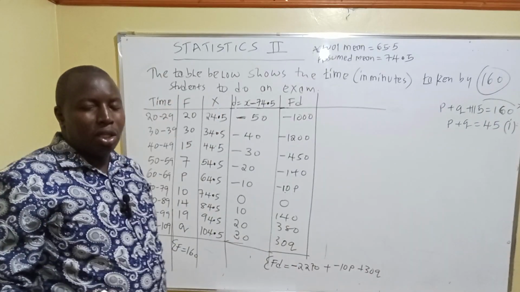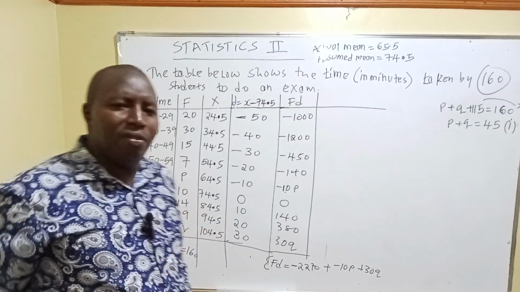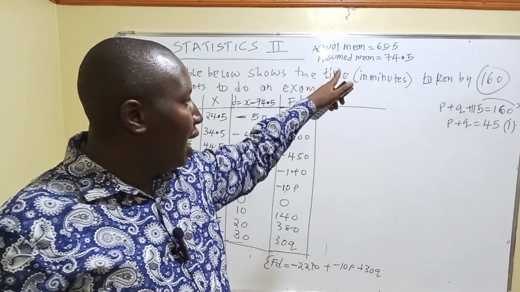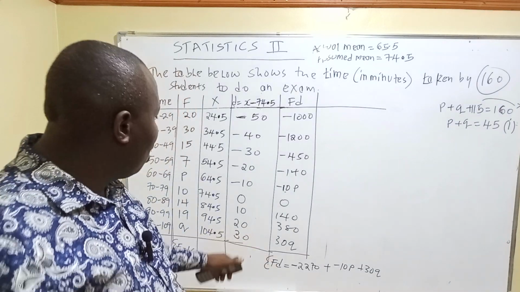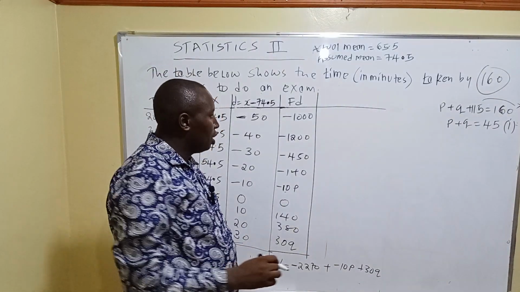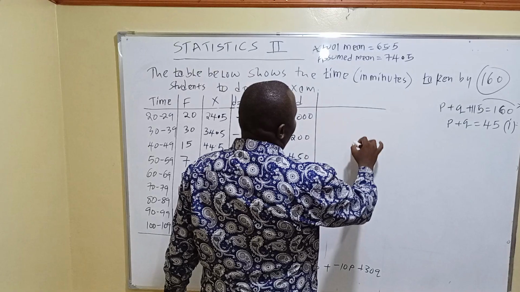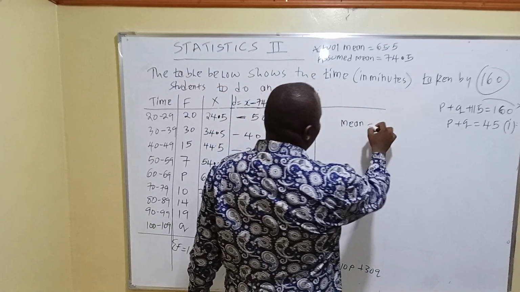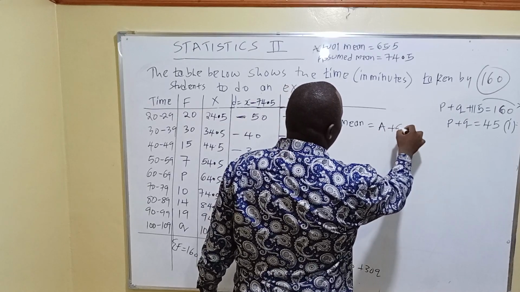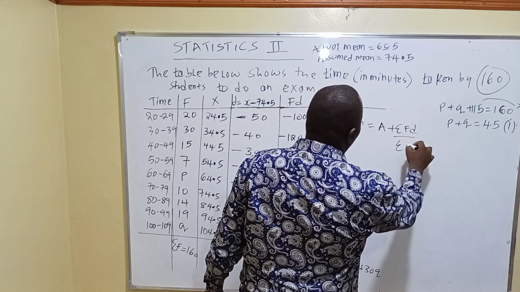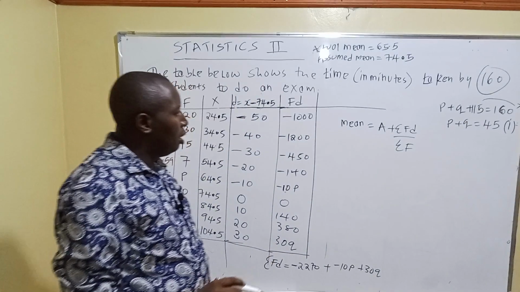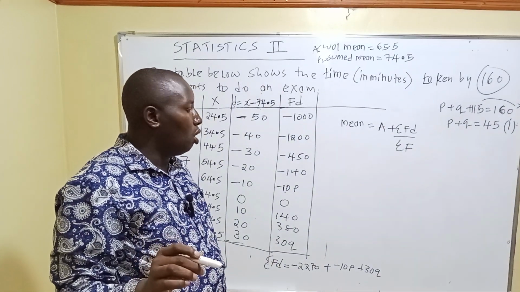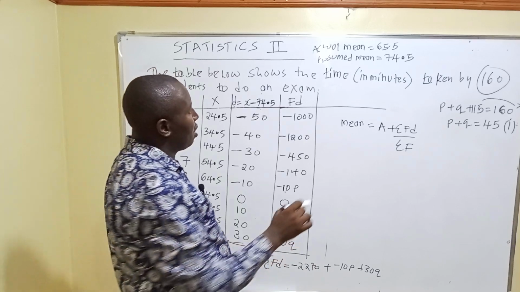Because we are given the actual mean and the assumed mean, and we already have got our FD, we say that our mean is equal to assumed mean plus sigma FD over sigma F. We write our working there: our mean is equal to A plus sigma FD all over sigma F. So what is our mean?